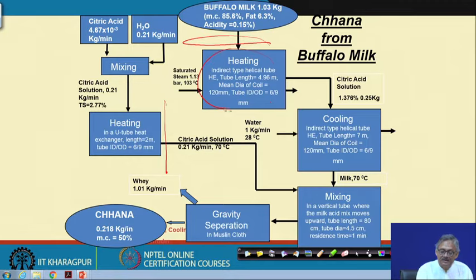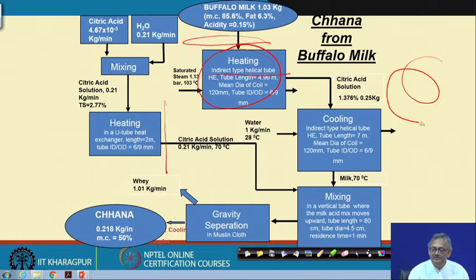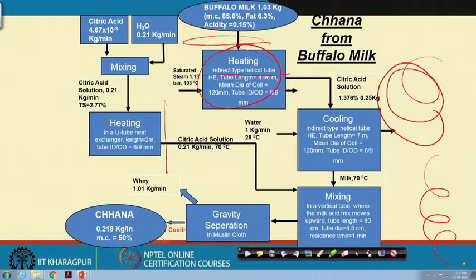We are now heating that milk. The milk heating is done in an indirect type of helical tube, like this helix. So, the helical tube is this way, a helix is being formed.